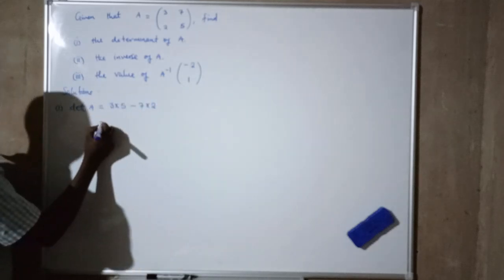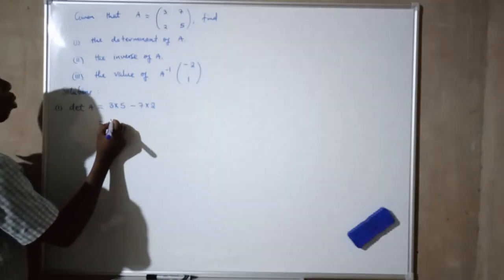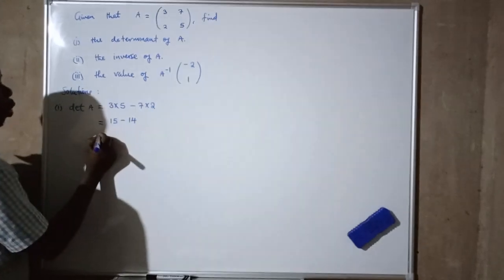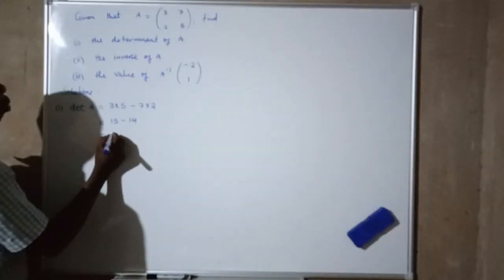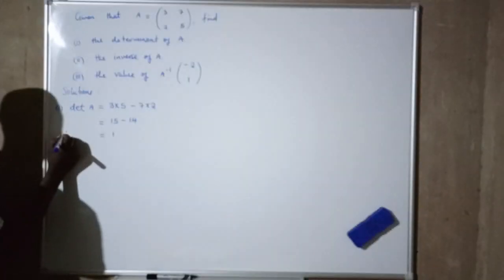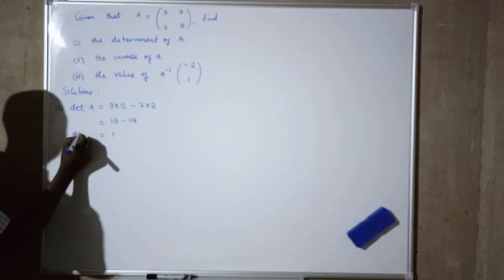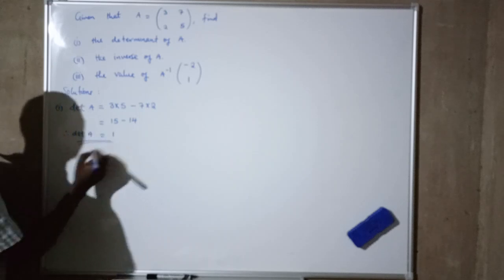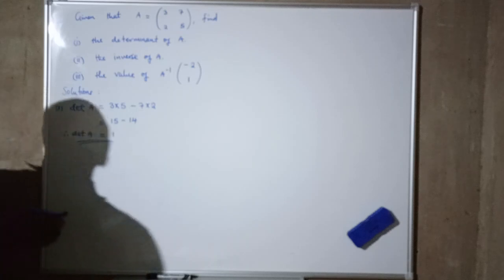So equals 3 times 5, which will be 15, minus 7 times 2, which will be 14. Then we'll say 15 minus 14, 1. Therefore, the determinant of A is this answer we have found. So that's how we find that one.